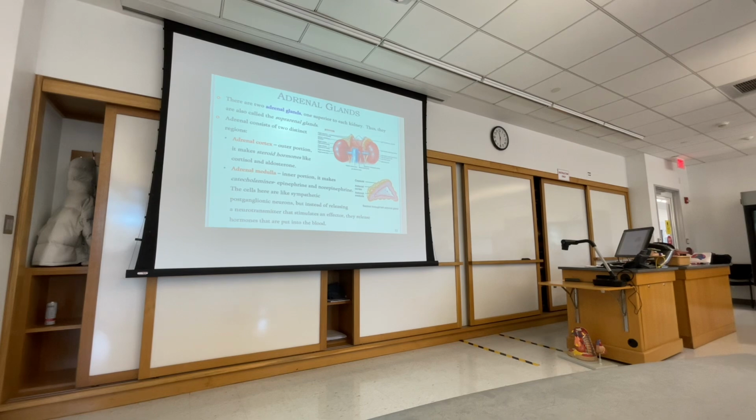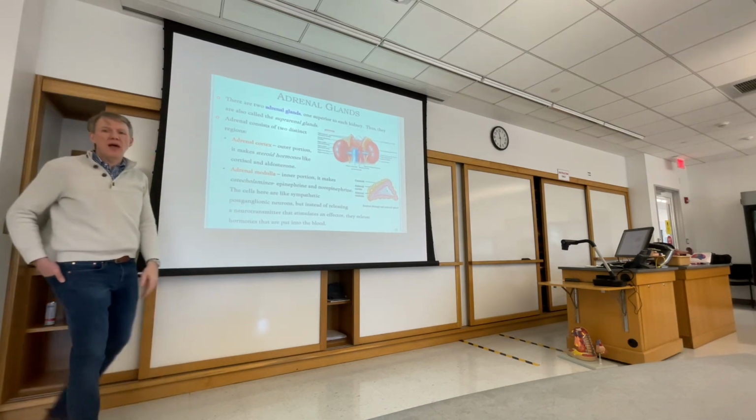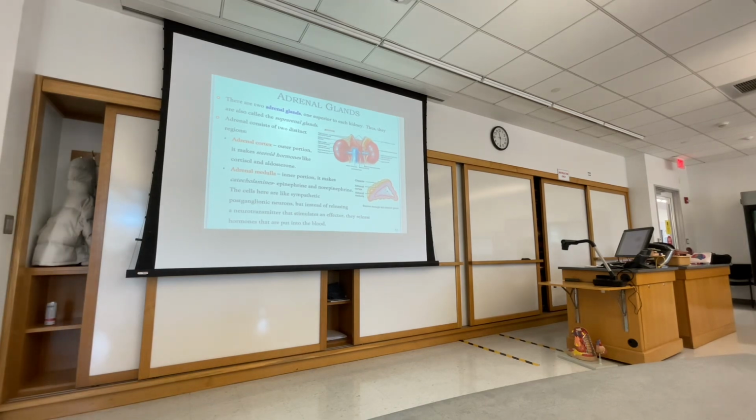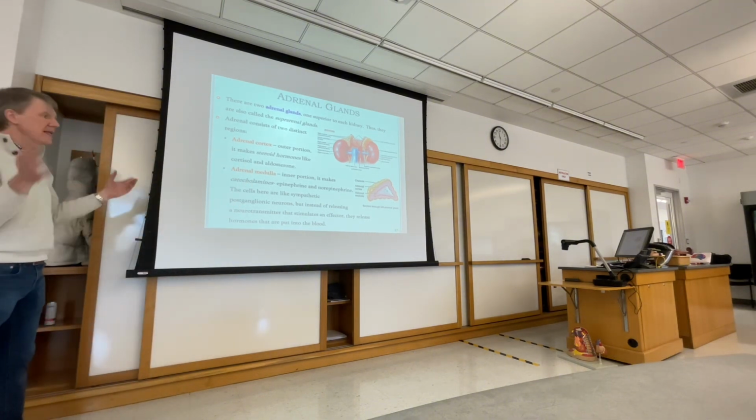We're going to talk about what each of these areas do in a moment, but just so you know, you're going to encounter the word cortex and the word medulla a lot in the course. It's very common when you have a solid organ to name the outer part the cortex and the inner part the medulla.